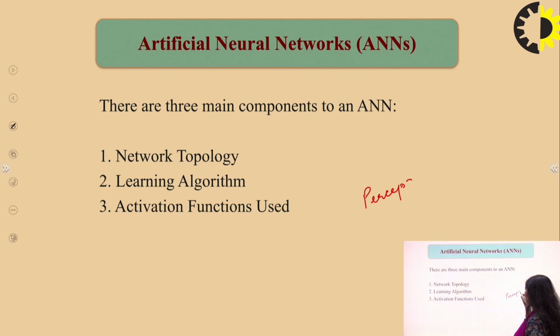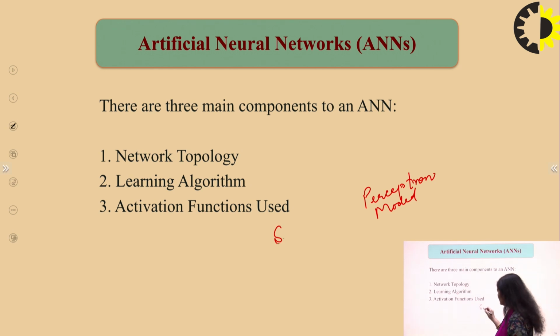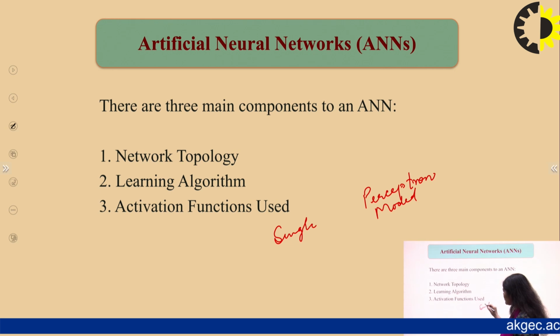This model was given by Rosenblatt. So sometimes we say it is the Rosenblatt perceptron model, and a perceptron model could be a single layer perceptron, or we can have a multi-layer perceptron.